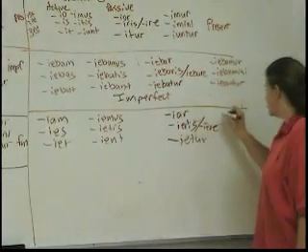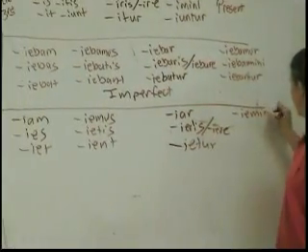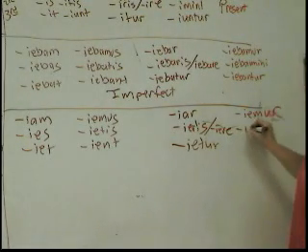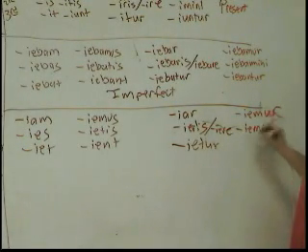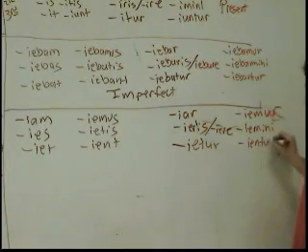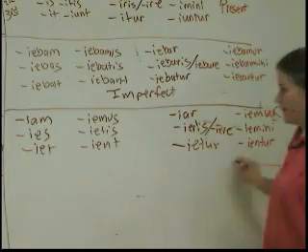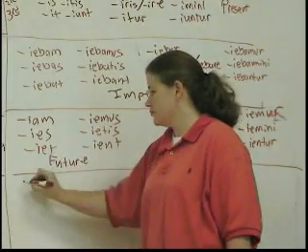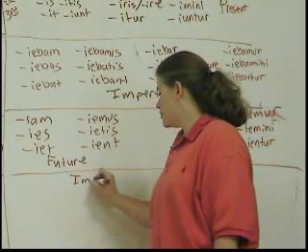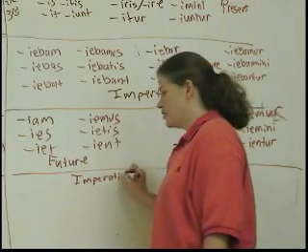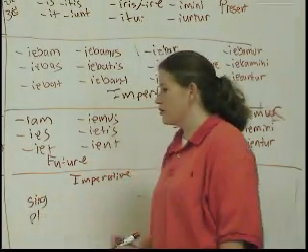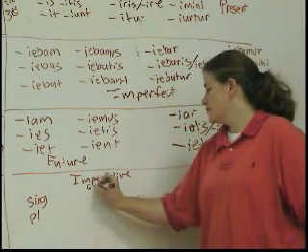Iatur, iemini, oops, iemur, ieminī, and ientur. And that's future. And then we have our imperative, singular and plural, active and passive.